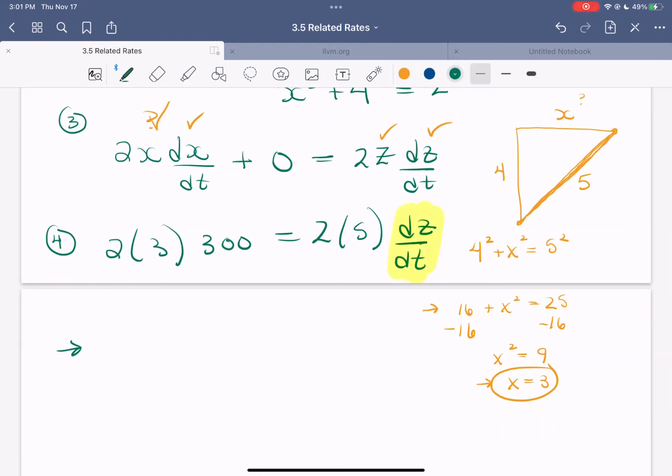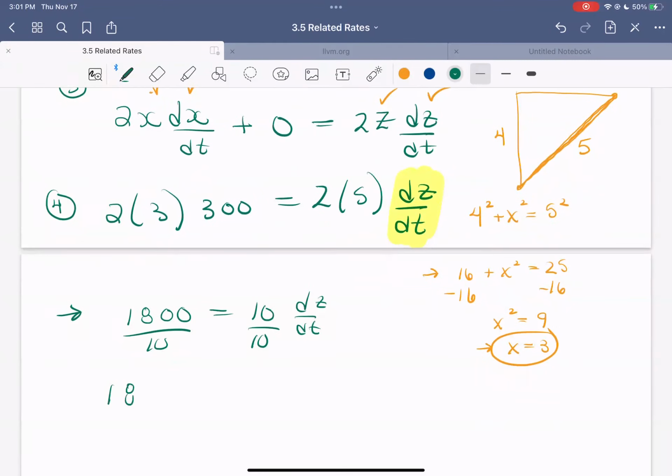So 3 times 2 is 6, times 300 is going to be 1,800, equals 2 times 5 is 10, dz dt. So now I can just divide both sides by 10, and I get 180 miles per hour is equal to dz dt.